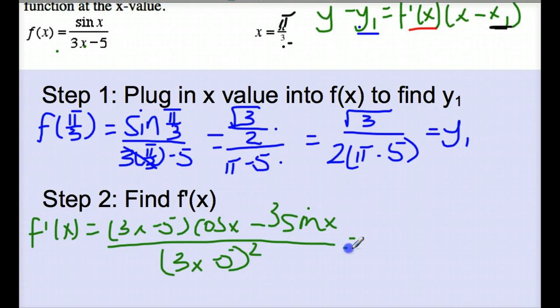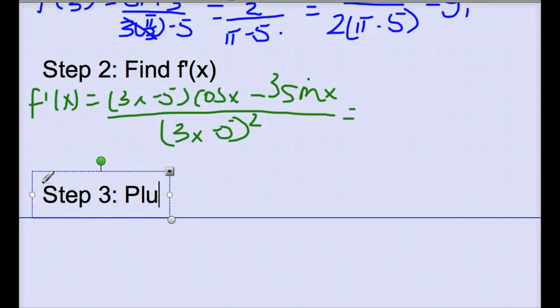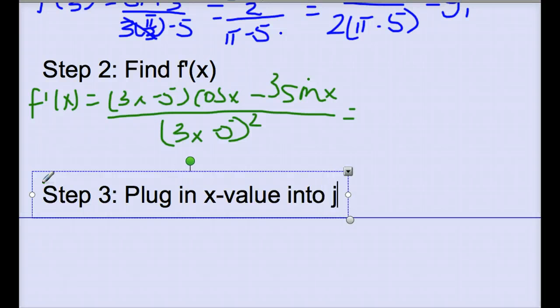I'm not going to simplify this because my next step, now that I have f prime of x, is to plug in my x. So step 3 is plug the x value into f prime of x.